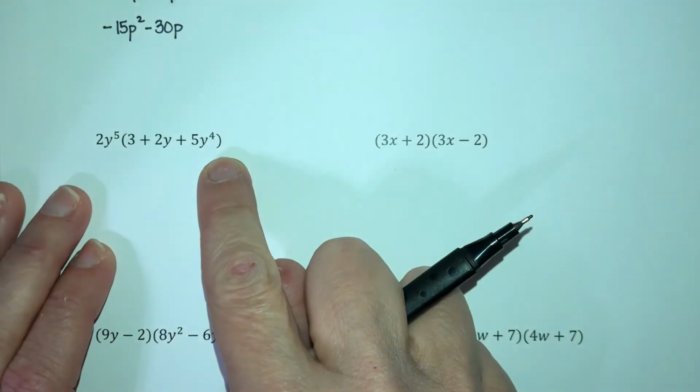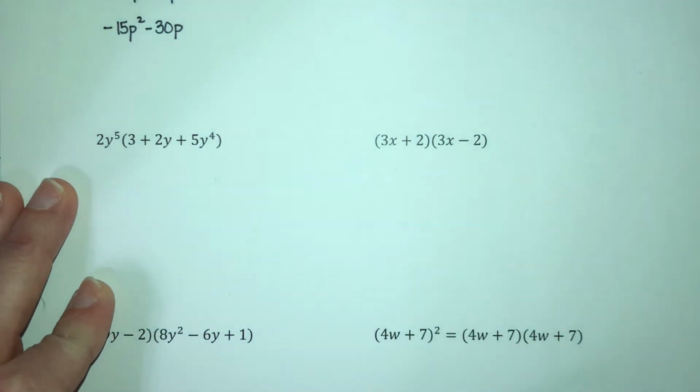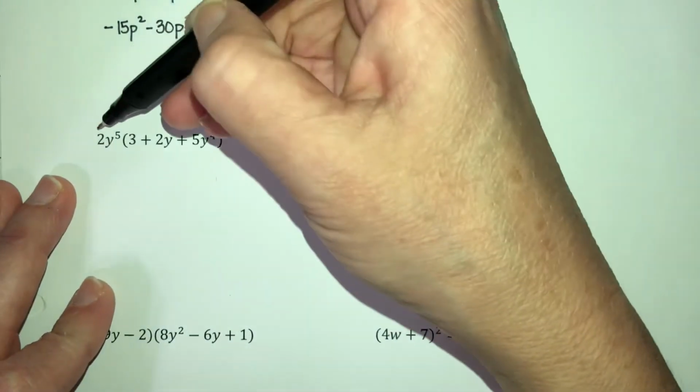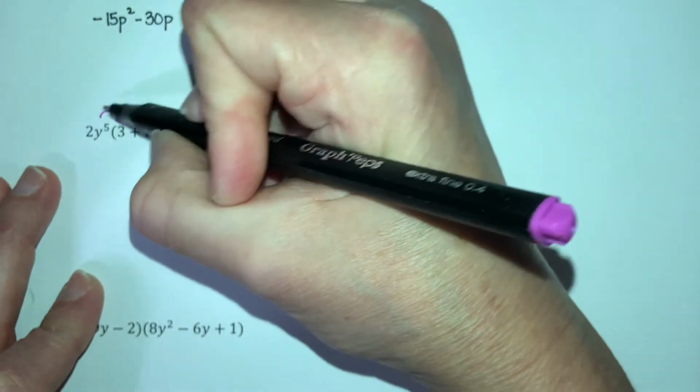This works the same way. It's just we're distributing to 3 terms instead of just 2. So we have a monomial times a trinomial instead of a monomial times a binomial. Distribute all the way through.